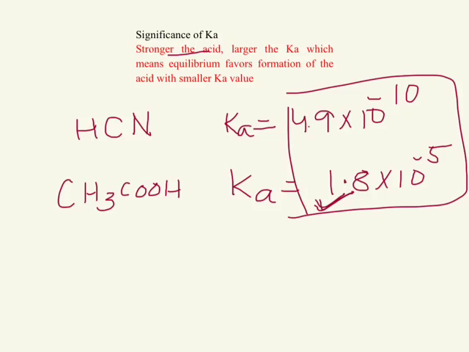If this is the larger value, acetic acid is stronger than HCN. So the value of Ka can help you find the strength of an acid as well as predict the direction of the equilibrium.